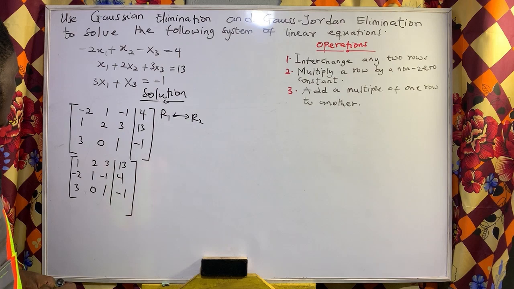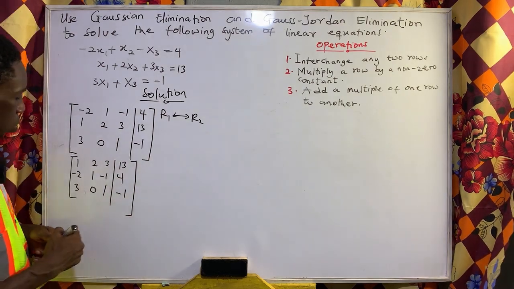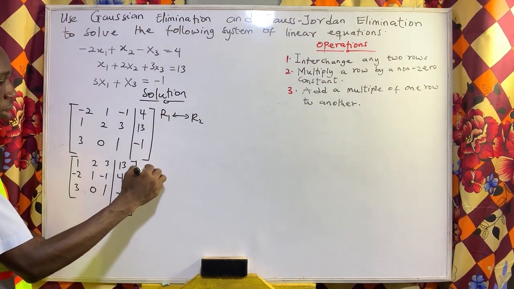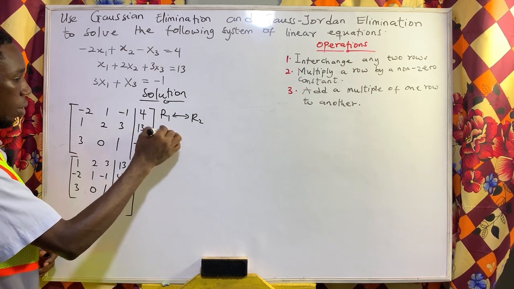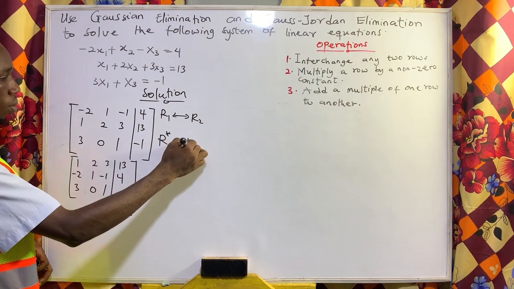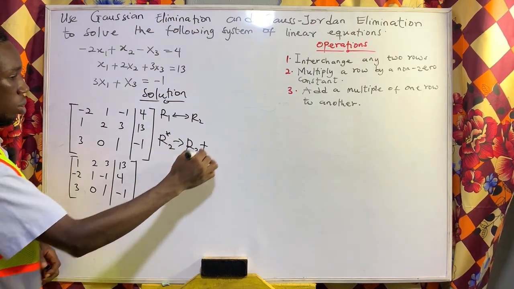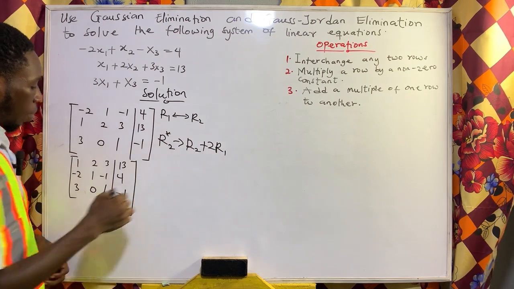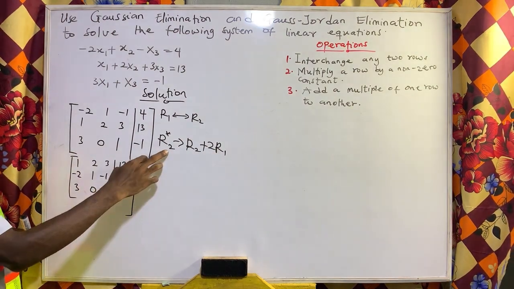Let our new row 2 be equal to the current row 2 plus 2 times row 1. So this will be our new row 2.